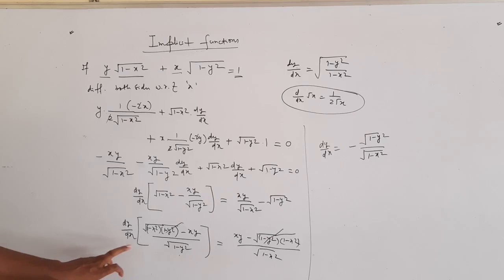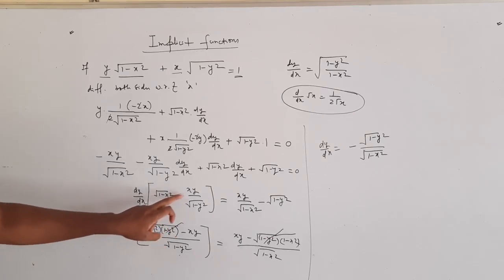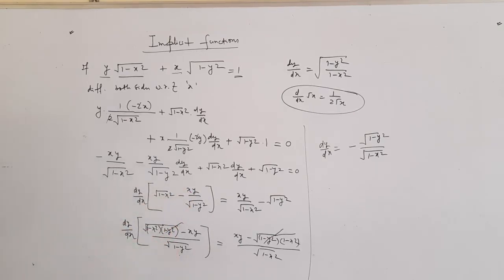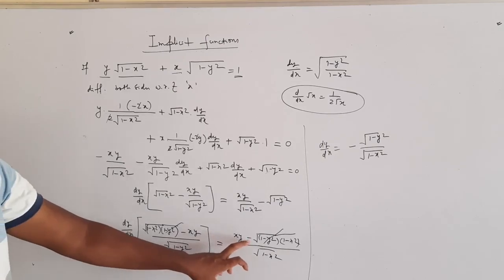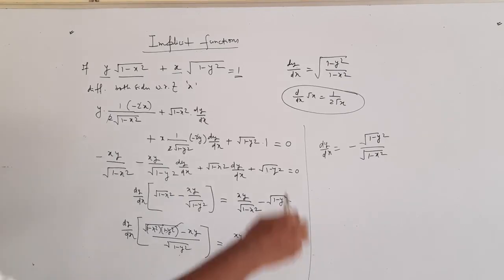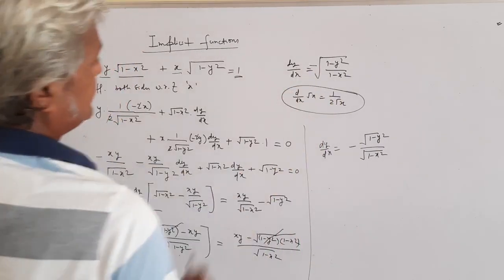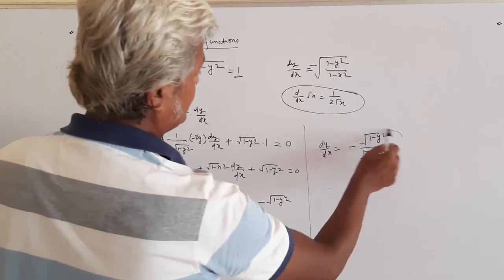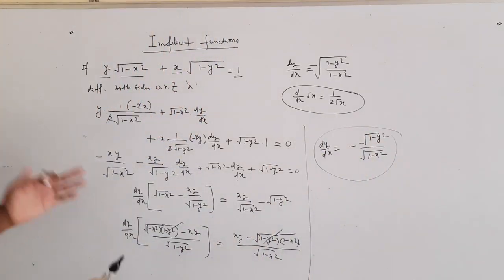So dy by dx into this minus 1 upon this, and here it is this minus this upon this. So yes, in the question also there is a negative, sorry, my bad, and here also we have got the negative, so it is correct. But with this approach you need to be very sharp, otherwise you will get confused.